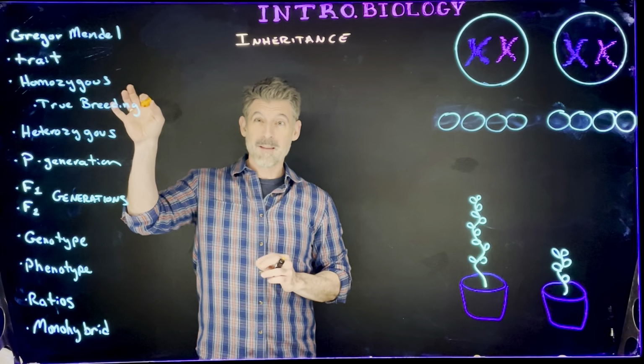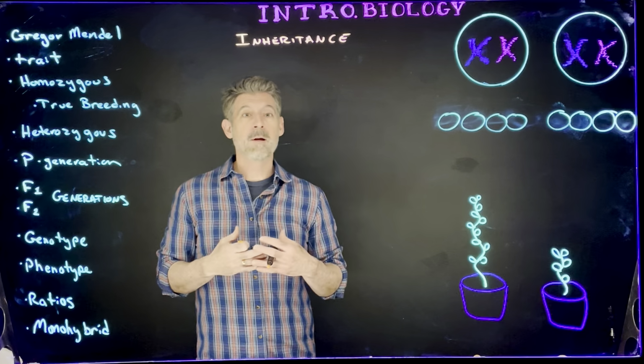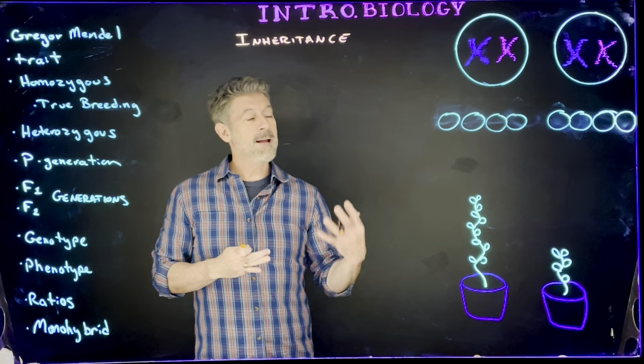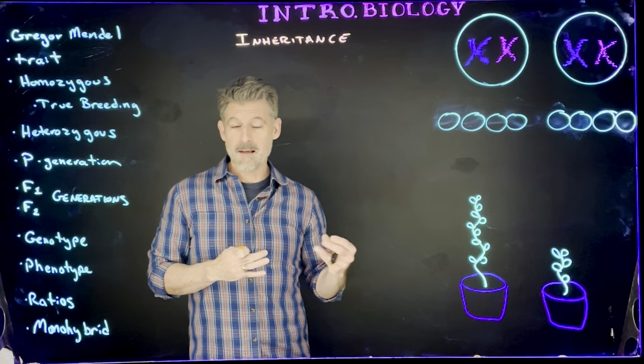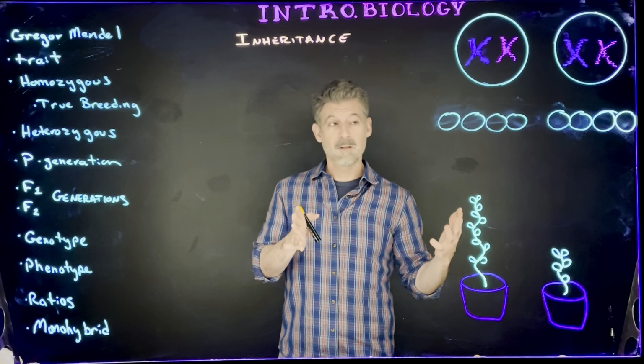So a little bit of the history. Gregor Mendel is the person credited with figuring out patterns of inheritance. There are other, more complicated patterns of inheritance than the ones he determined.